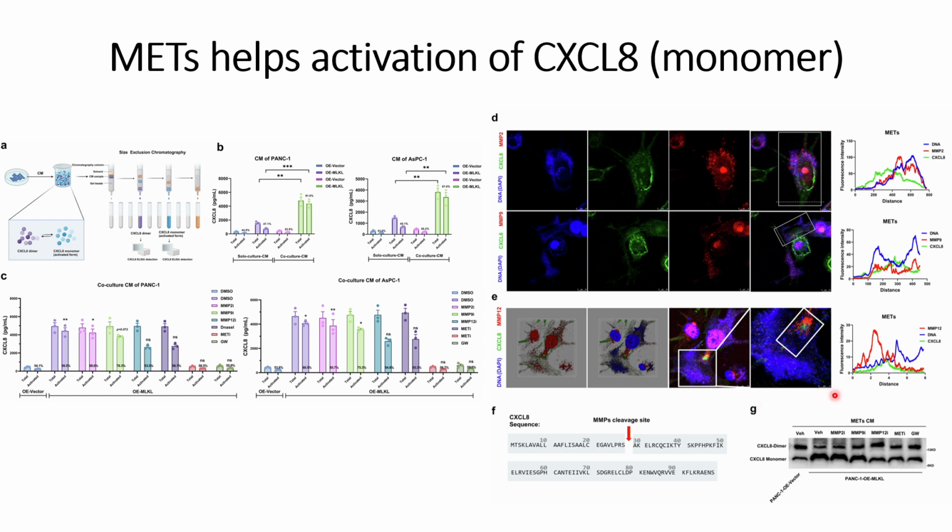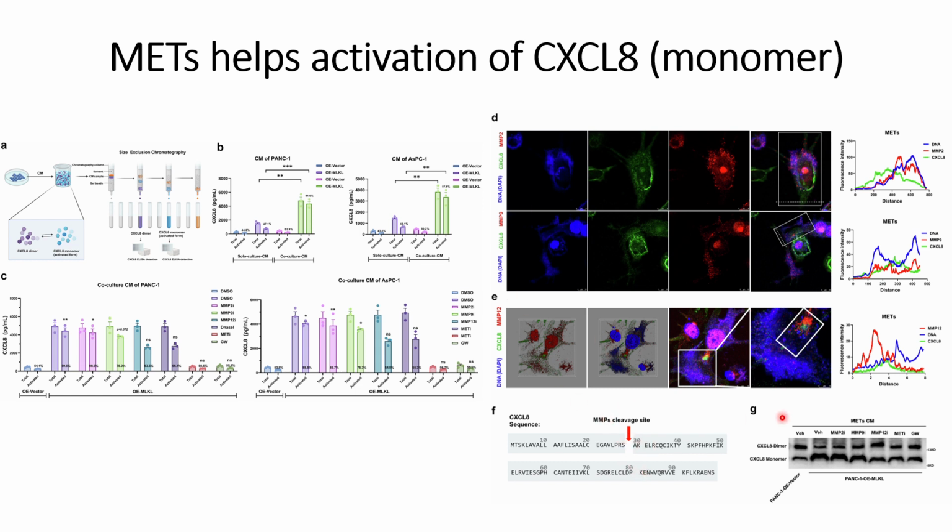After validating that it is MMP12 that plays a role towards the activation of CXCL8, they checked the MMP cleavage site. The MMP12 cleavage site is overlapping with the CXCL8 sequence from 23 to 28, indicating that it is MMP12 that helps in the activation of CXCL8.